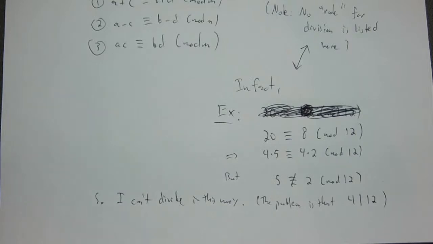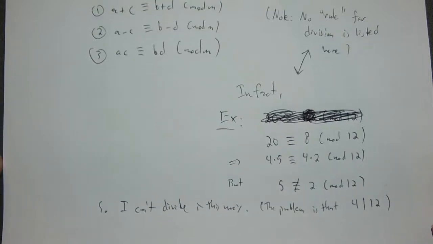Okay, so this is also telling you, I'm again getting ahead of myself, but since I've already spilled the beans and said that this division actually works, this division actually works whenever the thing that you want to divide by is relatively prime to the modulus.